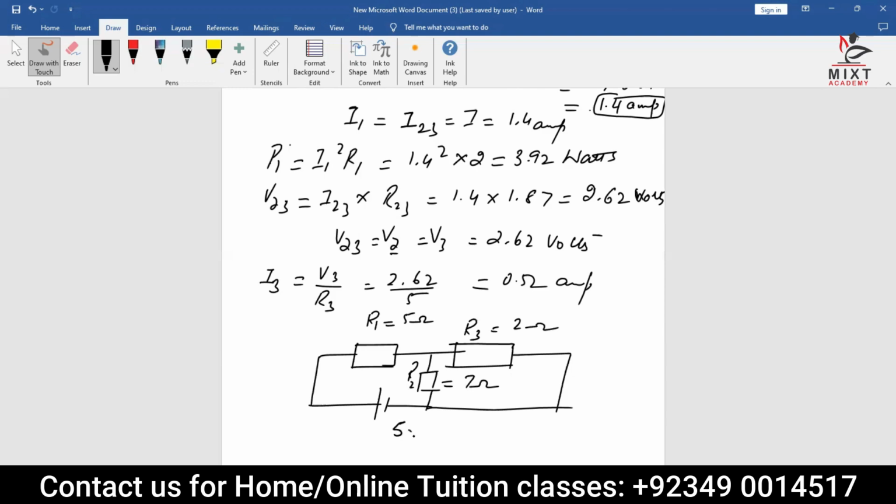And this is 5 volts. Again, I don't want you to find everything for me. V3, I want you to find out. I2 and the same R equivalent, and the power consumption of R1. This is homework. Yeah, that's it.